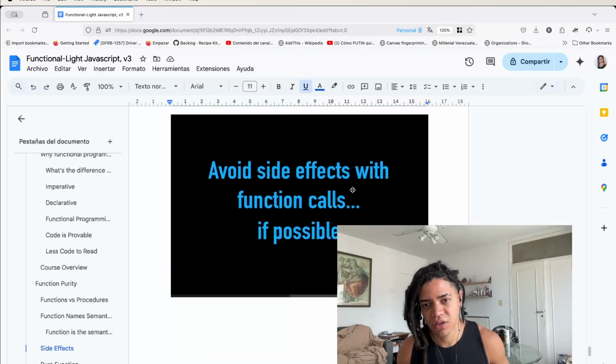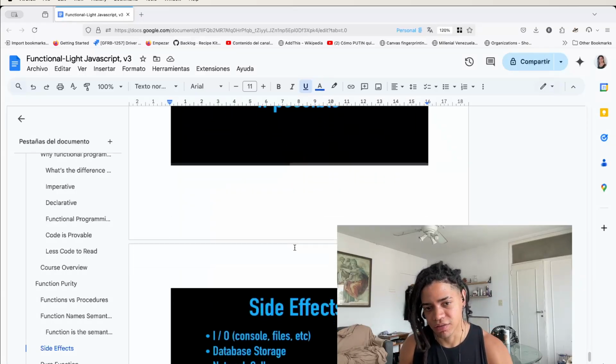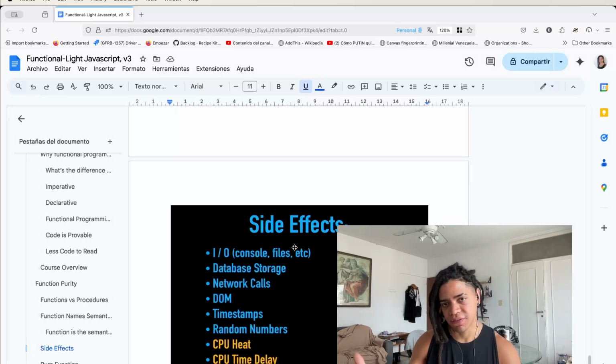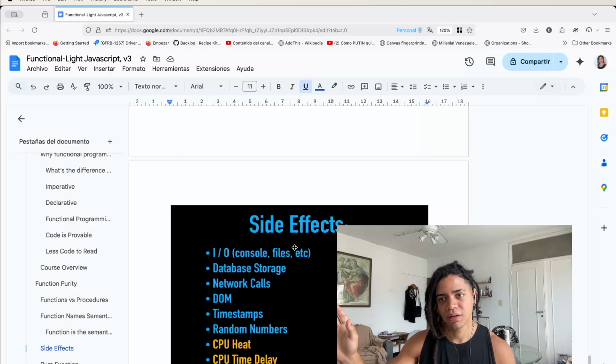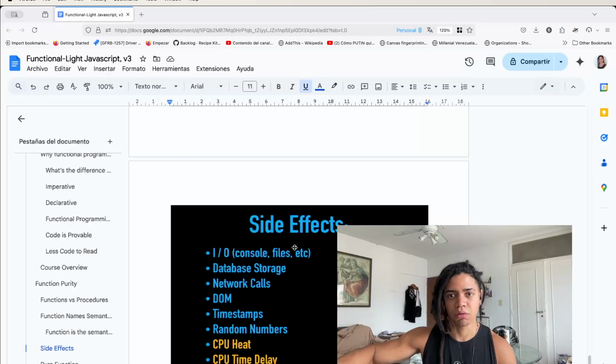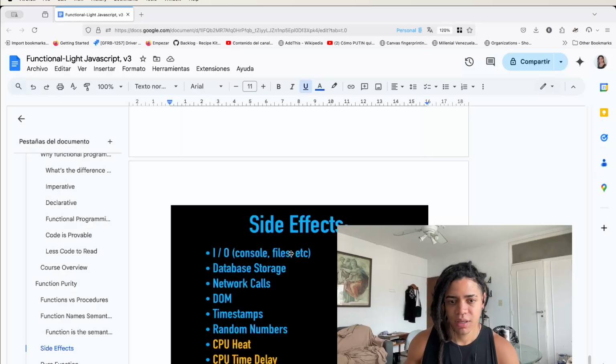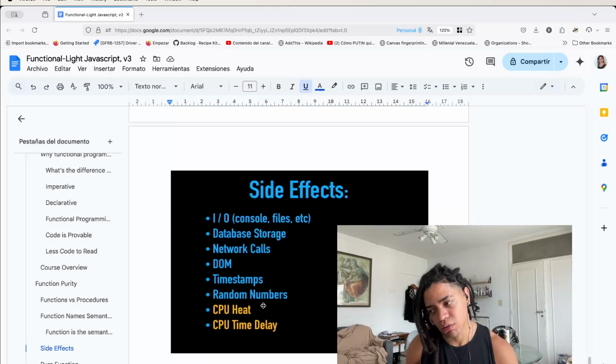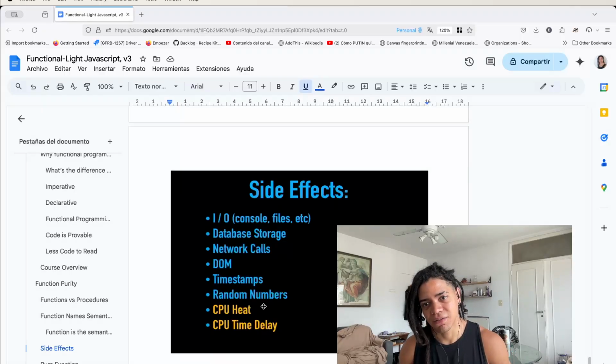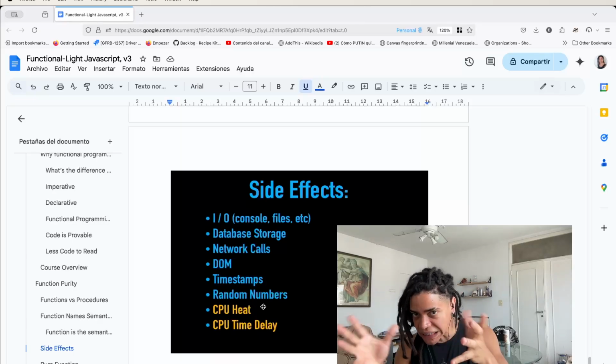So avoid side effects with function calls if possible, right? And some common side effects are that, hey, perhaps this function needs to communicate with external devices, all right? Peripheral inputs and outputs. That includes database and storage, network calls, or even the DOM. This is now relevant to JavaScript, okay? Even the DOM, or timestamps, random numbers also generate side effects. Anything that you can't map between the input and the computed output is a side effect.